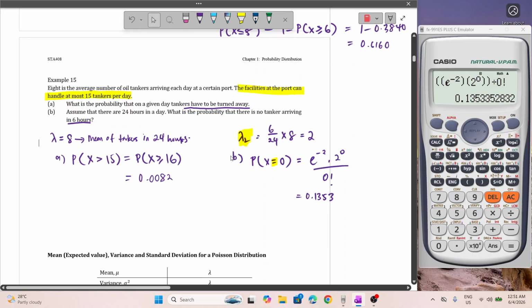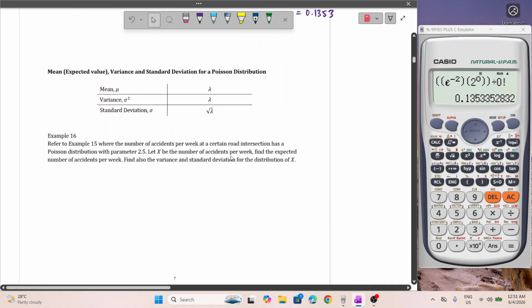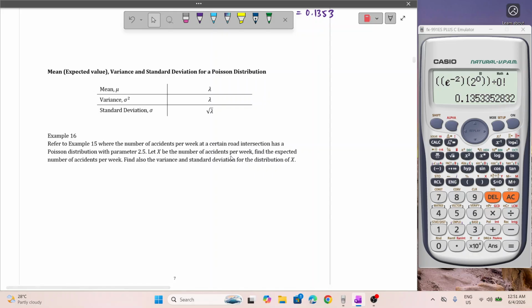Right, now let's look at the mean and expected value, variance and standard deviation for a Poisson distribution. So for a Poisson distribution, the mean, also known as the expected value, is equal to lambda.